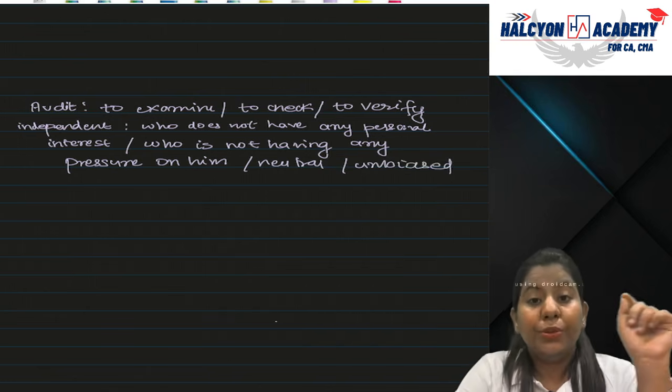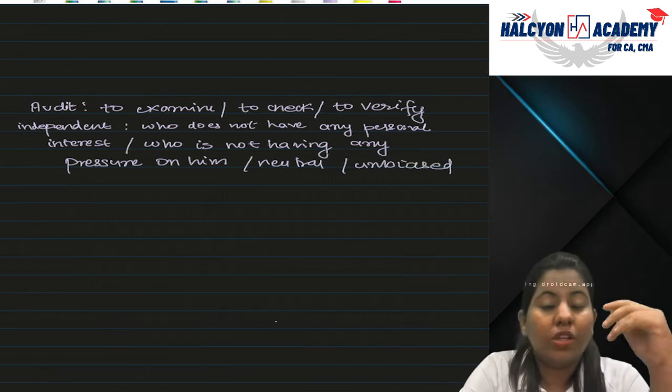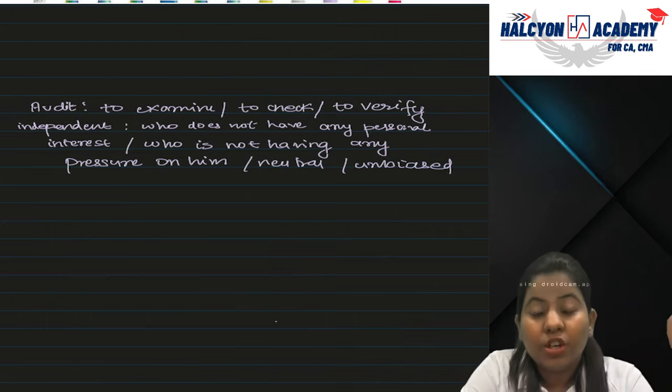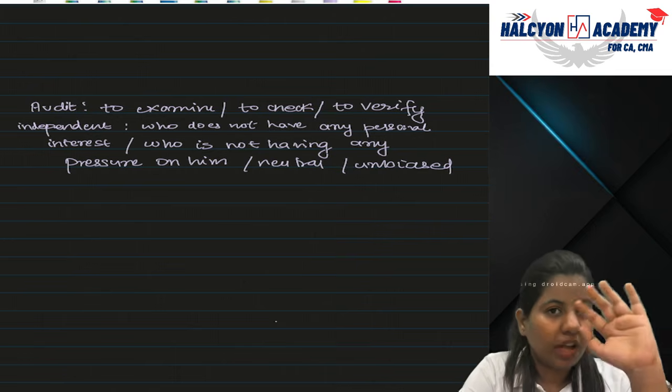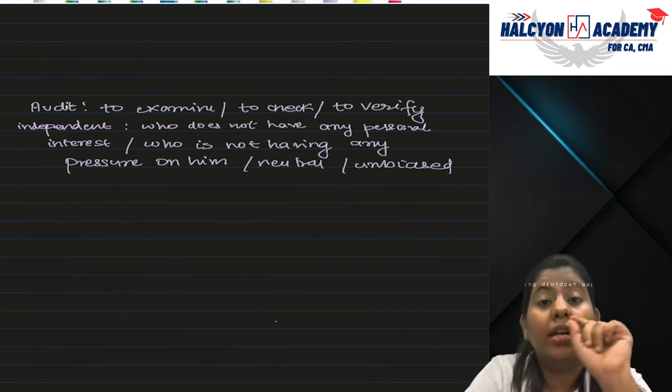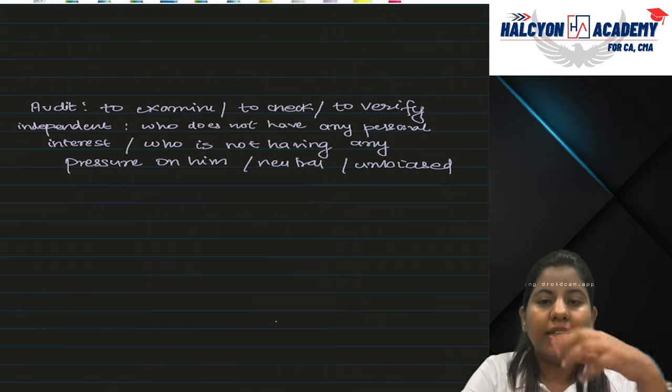Someone who is neutral, someone who is unbiased, who does not have any personal interest in that entity in which he is performing the audit, who is without any pressure, is an auditor. So an auditor is an independent person, and he examines what?